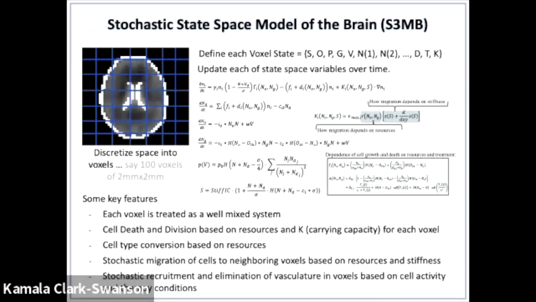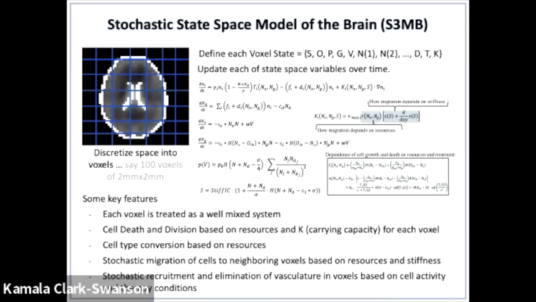The key features are that each voxel is treated as a well-mixed system, so inside the voxel everything is mixed. Cell death inhibition is based on resource availability in the voxel and the carrying capacity, where carrying capacity is just the maximum amount of cells you can pack in, a spatial carrying capacity. The other part comes from the resources.